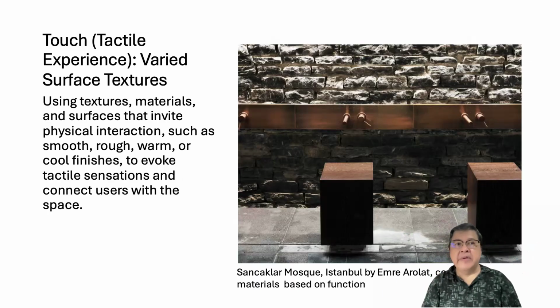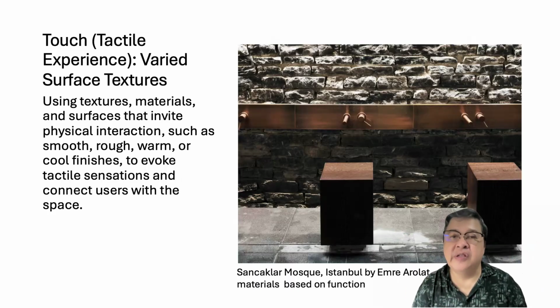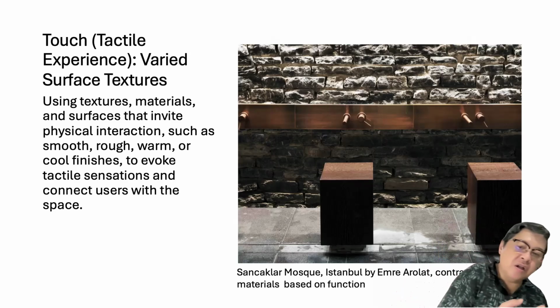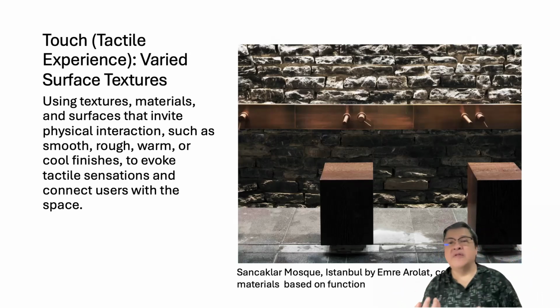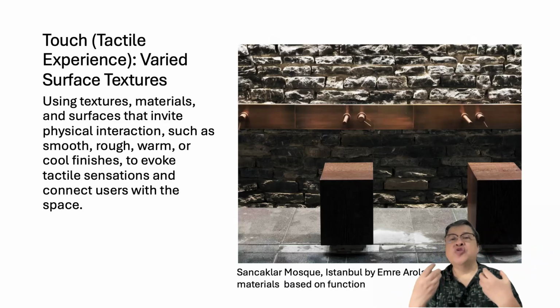And we have another sense, the sense of touch, which is a tactile experience, using the idea of varied surface textures. In the Sakirin Mosque, Istanbul by Emre Arolat, there is a contrast of materials based on function at the ablution area. It is used throughout the mosque if you were to visit.